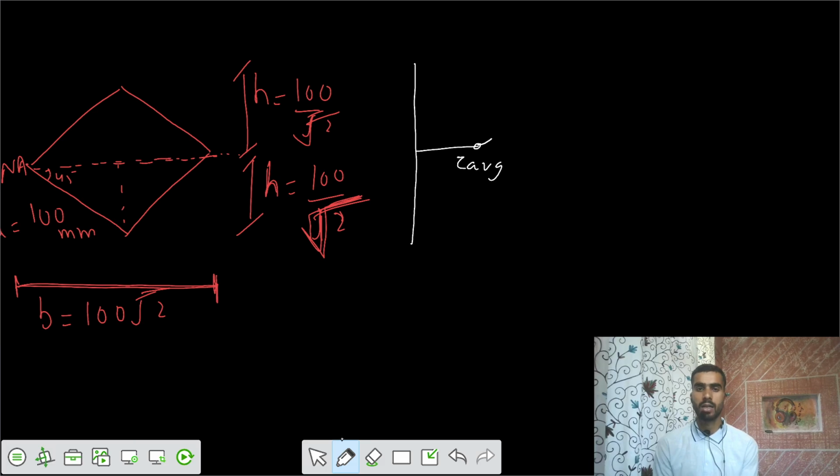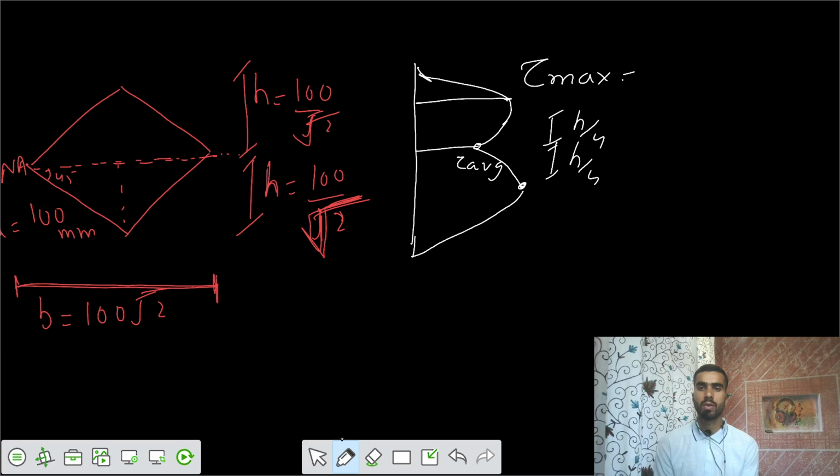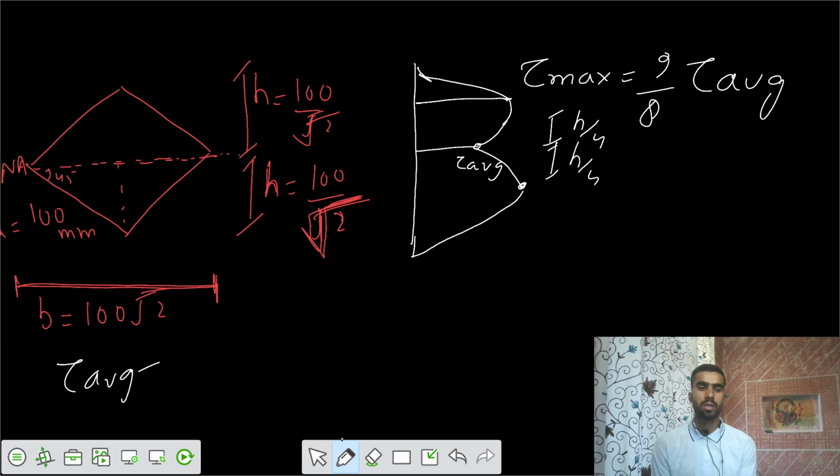Then after that it increases to a depth of h by 4 from both sides, and then it decreases to 0. So the maximum value tau max equals 9 by 8 tau average, where tau average equals V by BH.